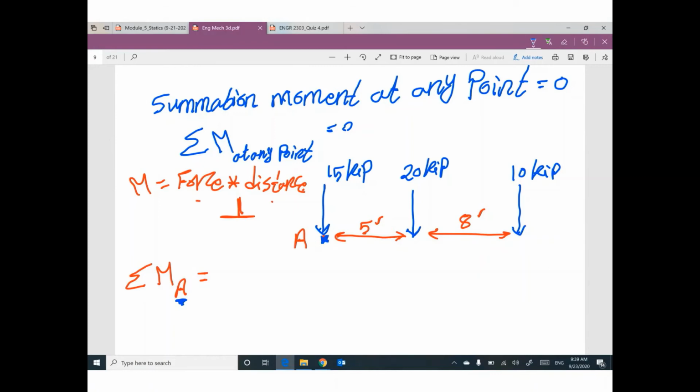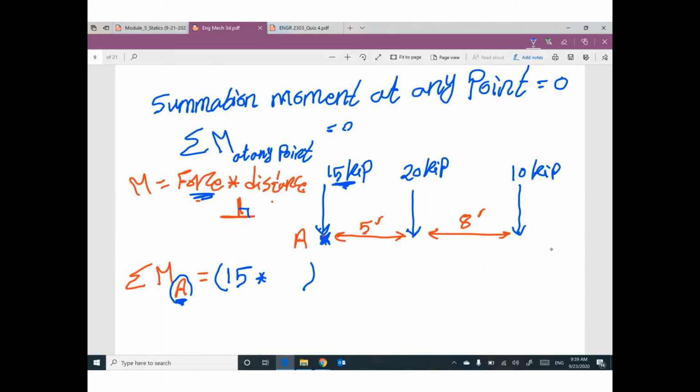First force, do you have 15? So 15. Here is the force. We need force times distance. What is the distance between, and the distance must be perpendicular to the force. What is the perpendicular distance between this force, which is 15, and this point, which is A?